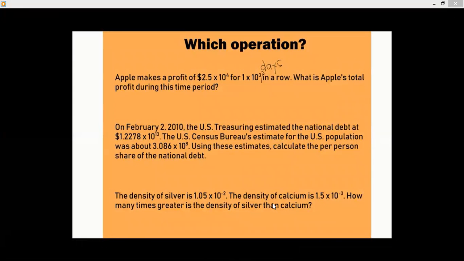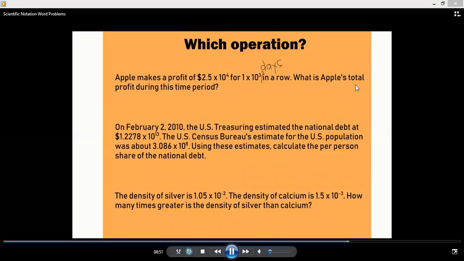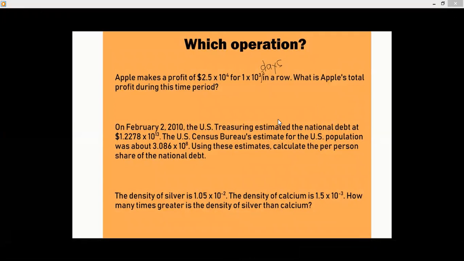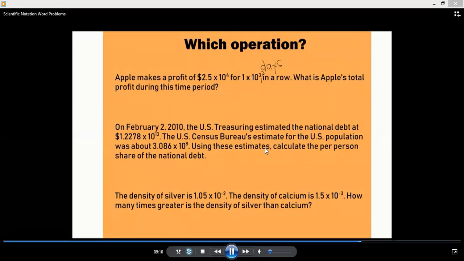What is Apple's total? Which operation are you going to use in this question? Yes, we want the total. He said that he makes a profit of 2.5 times 10 to the power of 4 for 1 times 10 to the power of 3 days. So in this question, we are going to multiply to find the answer.